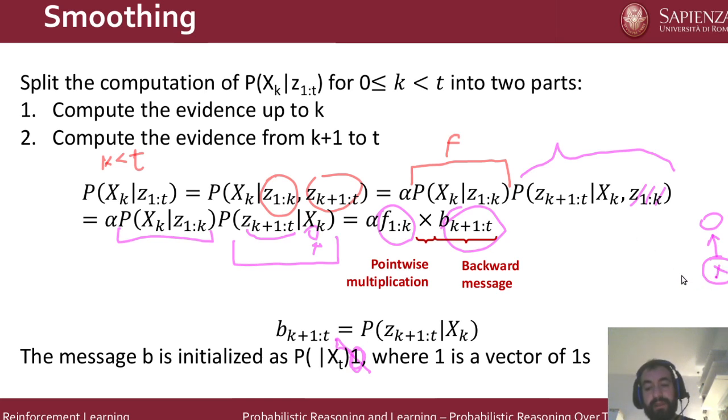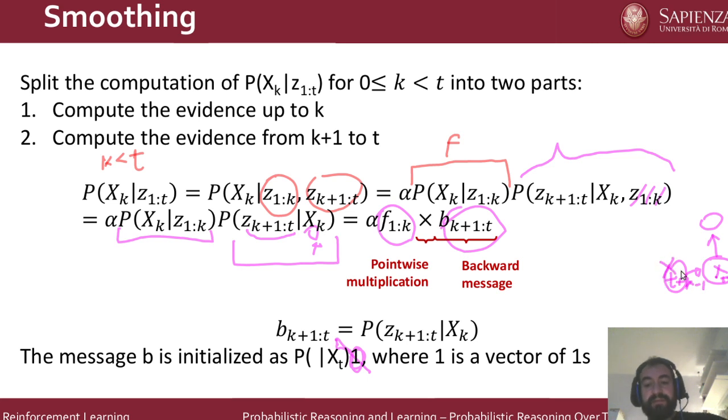Can we go backward? Yes. We look at the transition function and we say, who could have been generating this state? T plus k. Then we say, okay, it could be T plus k minus 1.